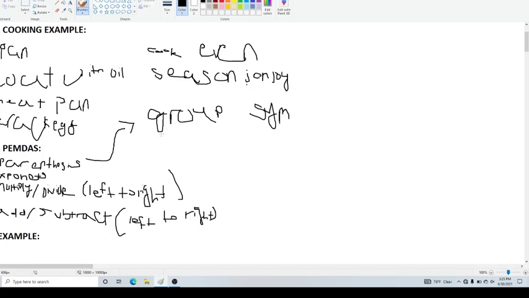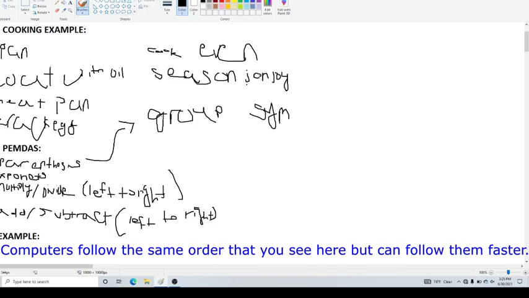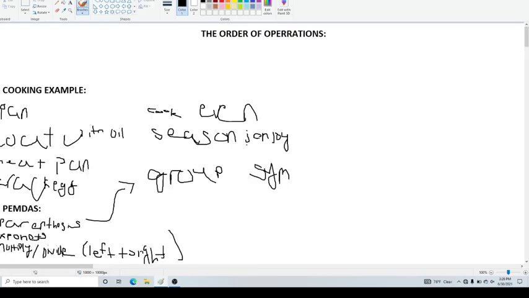All right, then we move on to exponents. Then we multiply or divide from left to right, and then after that we add or subtract from left to right. These are the basic ways that we handle numbers. Computers do this really quickly.